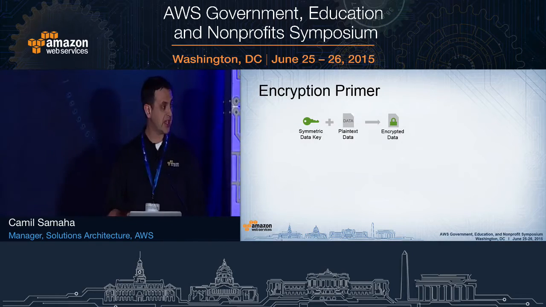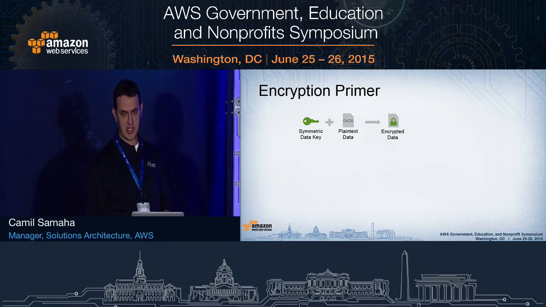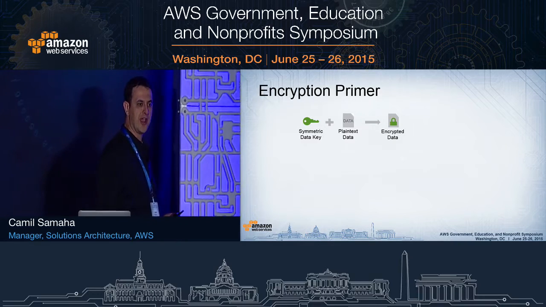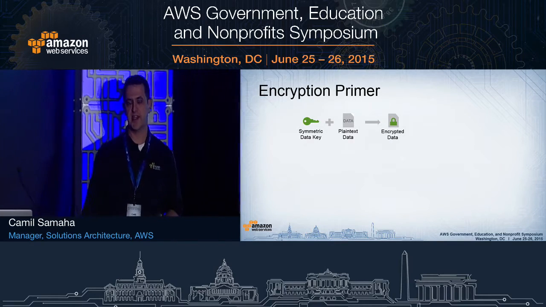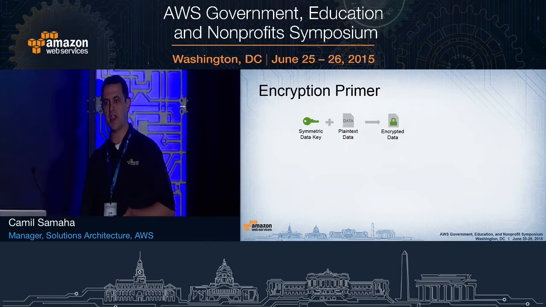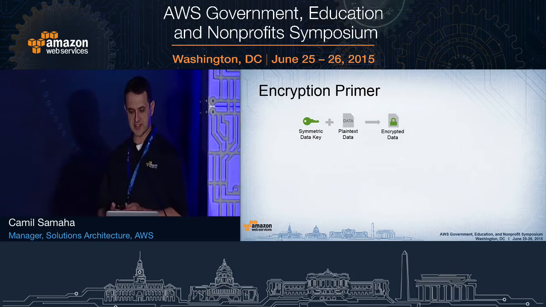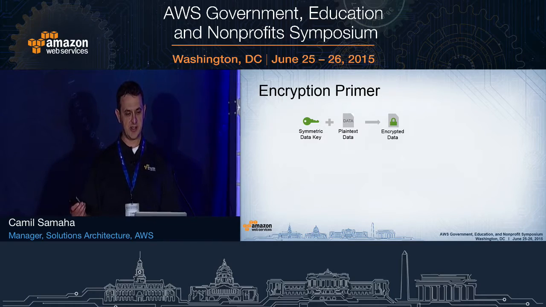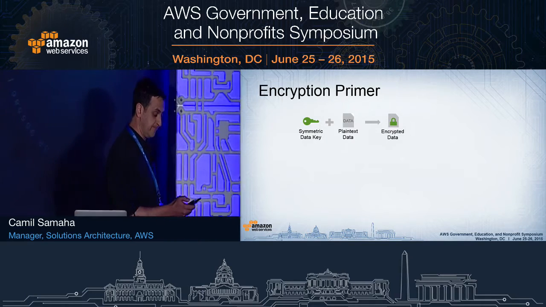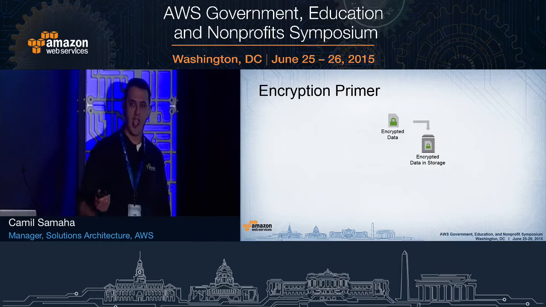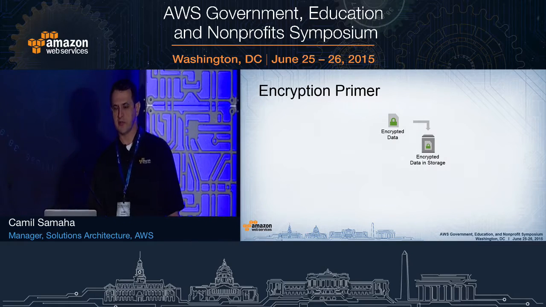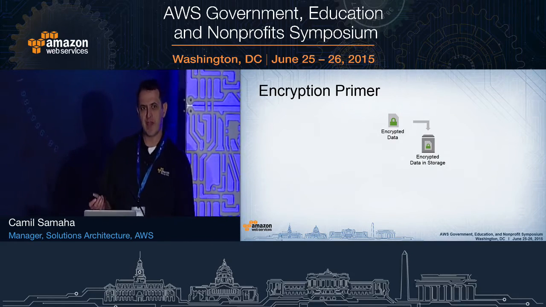And you take the symmetric key and you combine it with a crypto algorithm like AES, and you encrypt your data to get the ciphertext or encrypted data. And you take that encrypted data and you store it. It's fairly straightforward, no magic there.